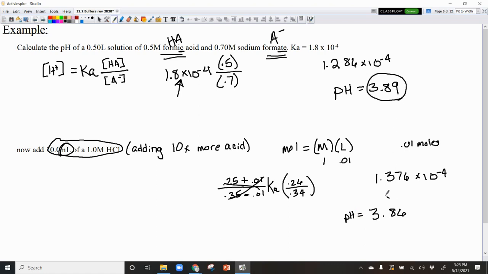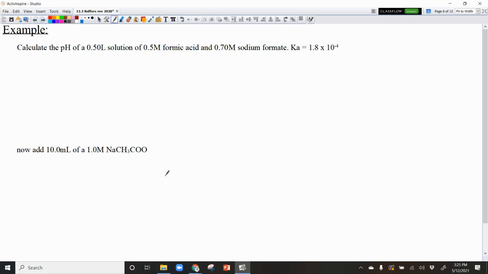So let's compare these pHs. 3.89, 3.86. We added 10 times more acid, and it only changed the pH by 3/100ths of a point, where over here we added less acid.